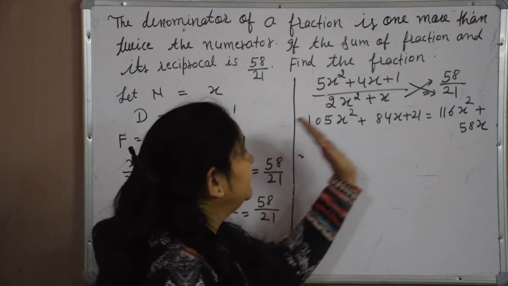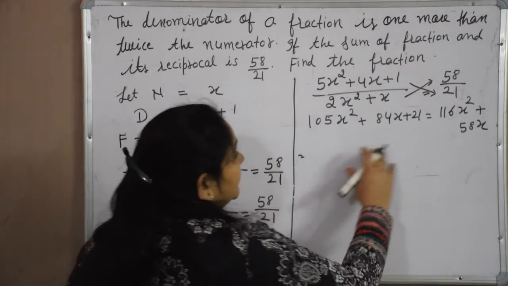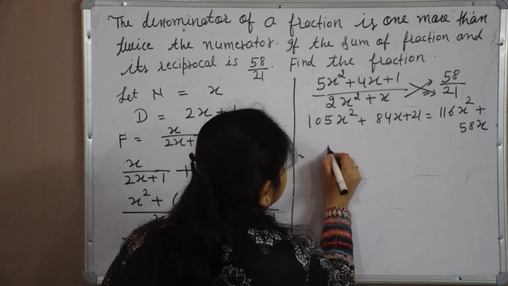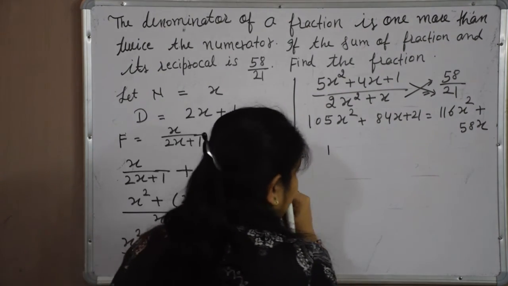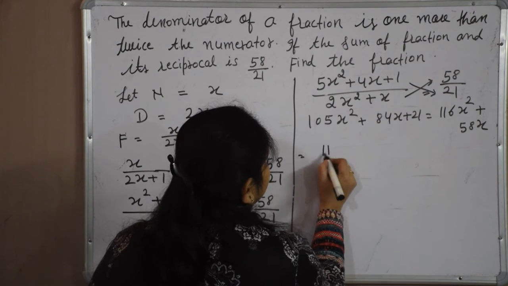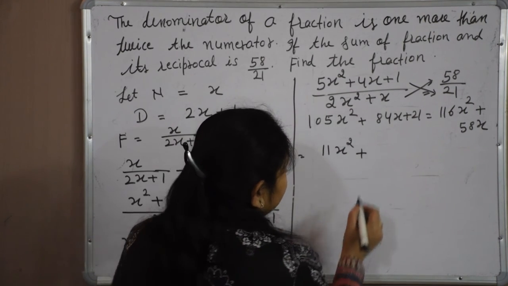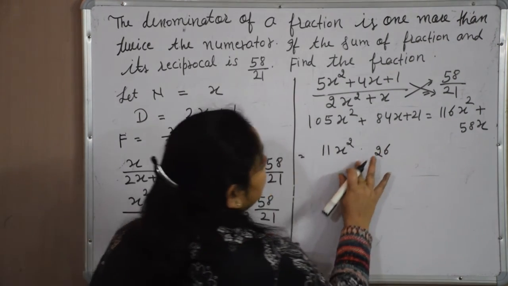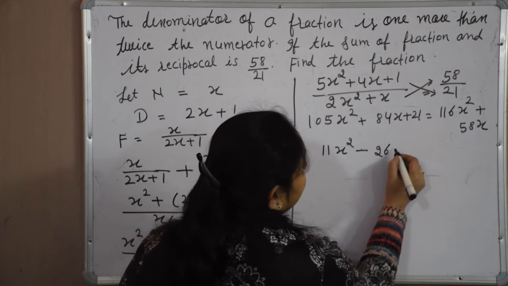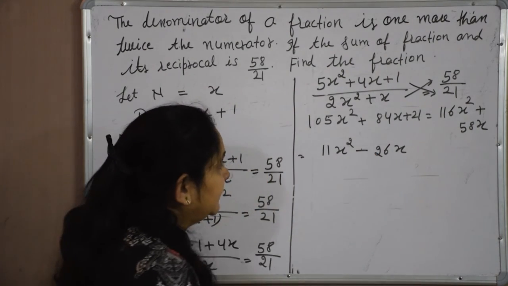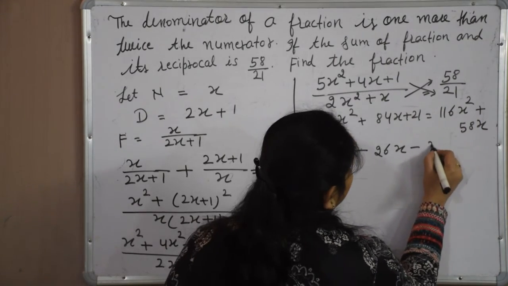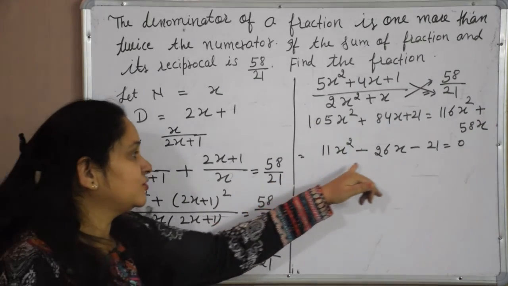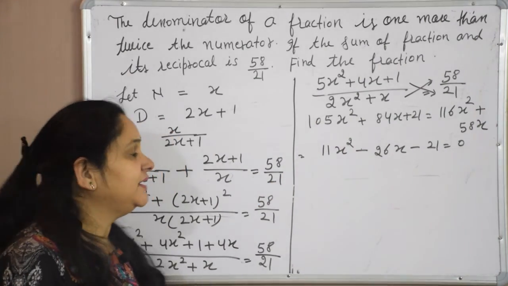Now we are transposing everything to the right hand side. 116 minus 105 is 11x square, and minus 26x minus 21 equals 0. So ultimately we got a quadratic equation 11x square minus 26x minus 21 equals 0.